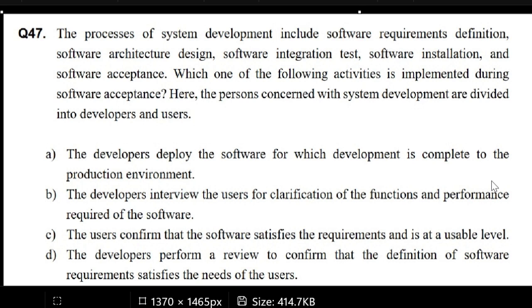Remember that a software development would have several processes like software requirements definition, software architecture design, software integration test, software installation, and software acceptance.